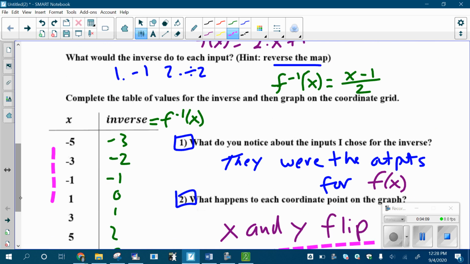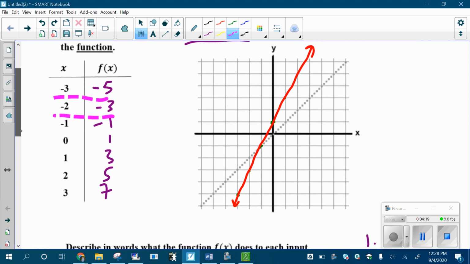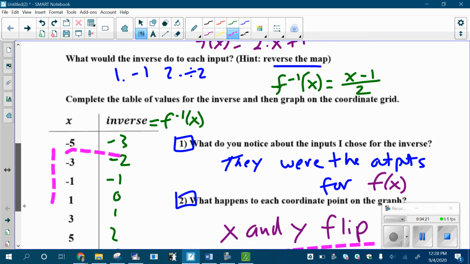So that on the inverse, you have -5, -3. And since -3, -2 was a point on f of x, -3, -2 is a point on the inverse.